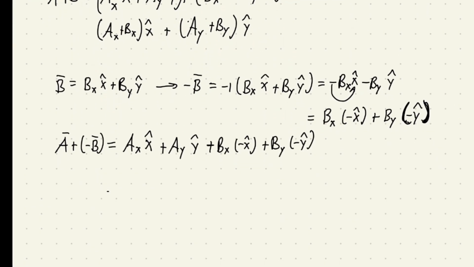If I put the x stuff together, I would get ax minus bx in the x hat direction plus ay minus by in the y hat direction. So that's how we do vector addition, vector subtraction.